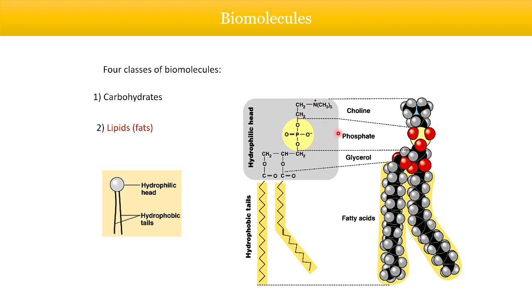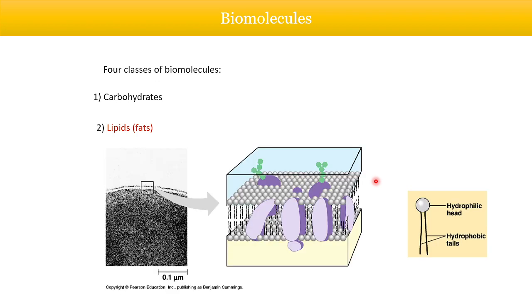So this is a phosphatidyl choline, and then this is the hydrophobic tail. This is one of the structures of your lipids, and this is how the protein lipid protein bilayer, the PLP bilayer, is formed.